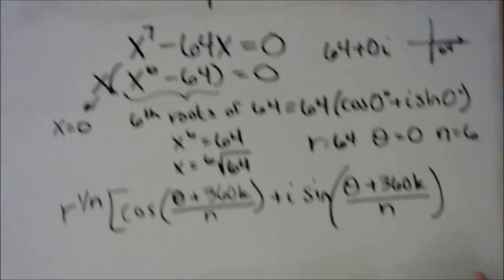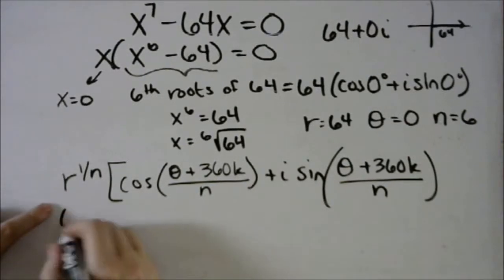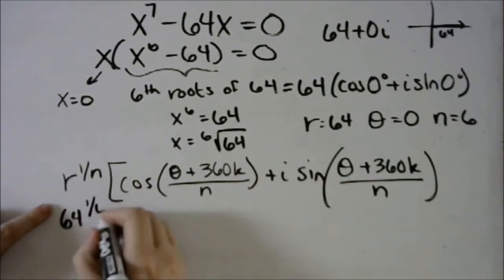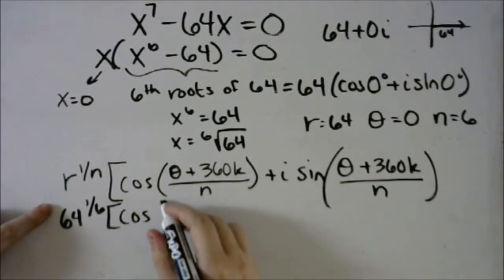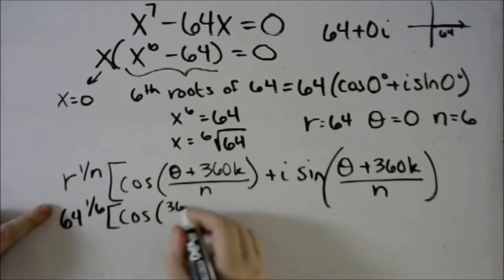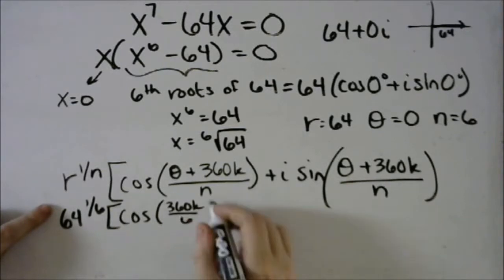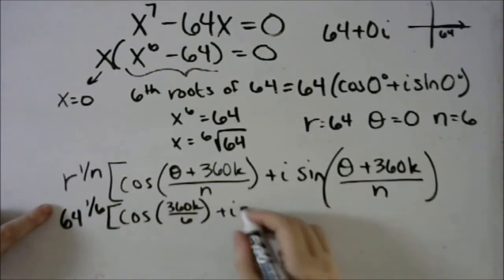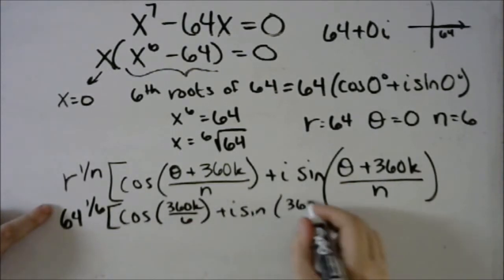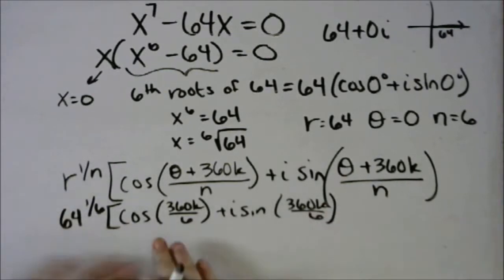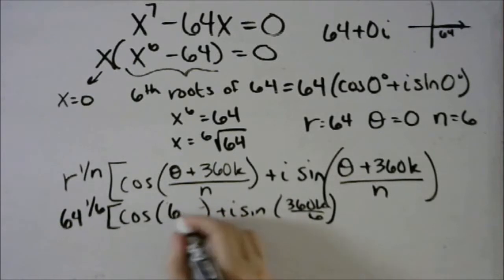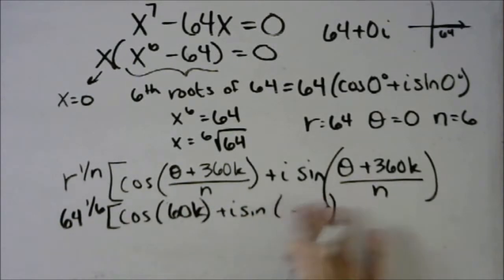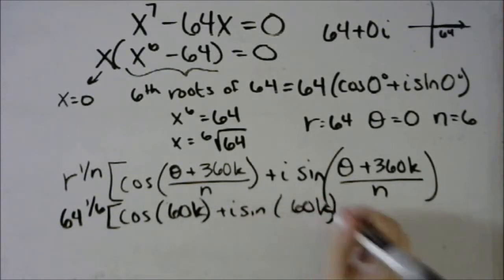Substituting the values from my problem, I get 64 to the 1/6 power cosine of 360k divided by 6 plus i sine of 360k divided by 6. And I can actually simplify this further, so I'm going to. I'm going to say that this is 60k and that this is 60k.